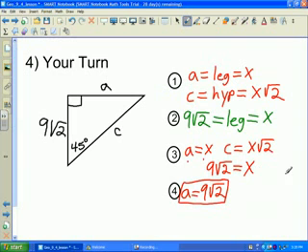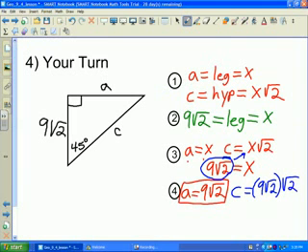Now the c part here equals x square root 2. All we have to do now is plug in this 9 square root 2 for x. So c equals 9 square root 2 times square root 2. It's like we did before. We know what square root 2 times square root 2 is.